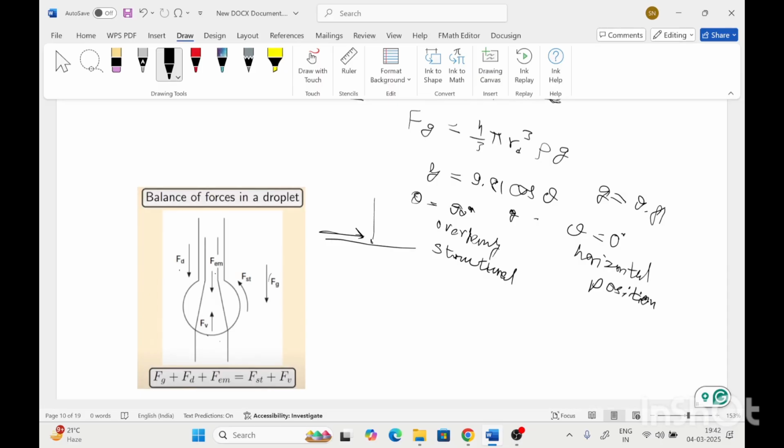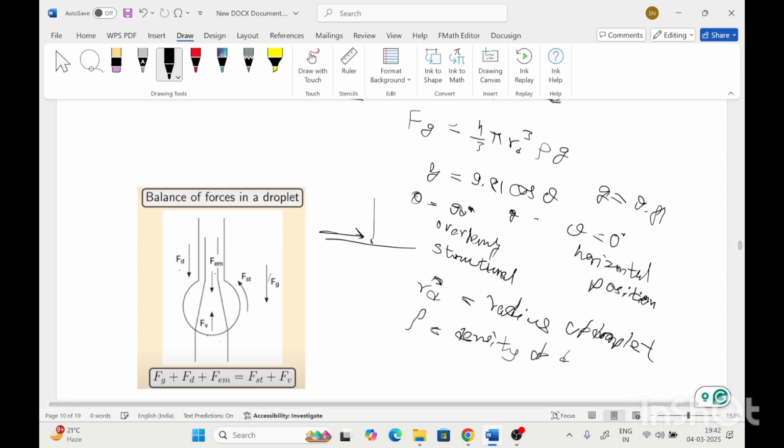And here RD is the radius of the droplet, rho is the density of the metal, and g is the gravitational acceleration.